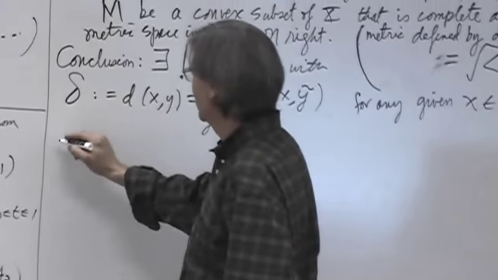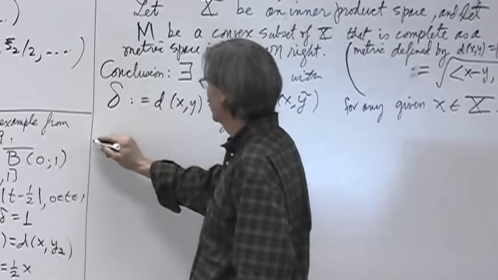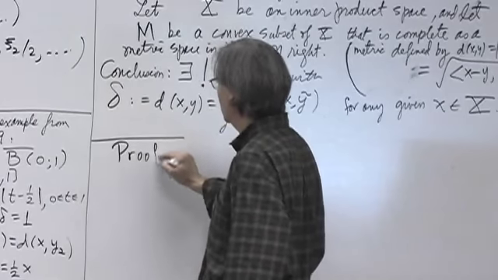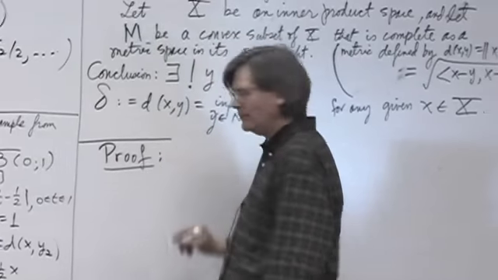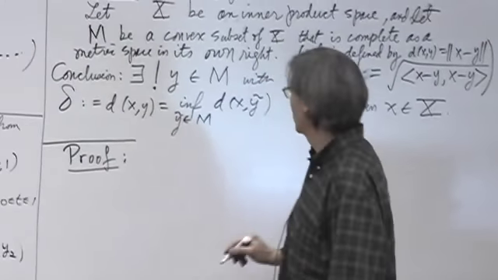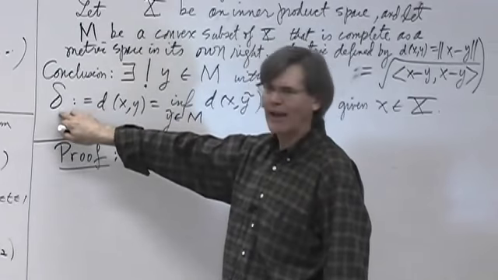So how do you deal with this? Well, the proof is that in this inner product context, as long as you can get a sequence yn that will achieve the minimum distance asymptotically.